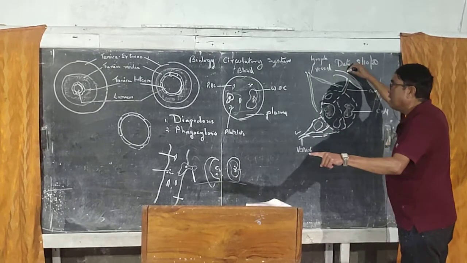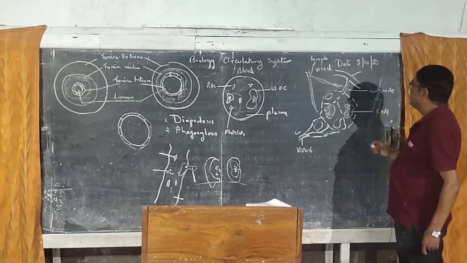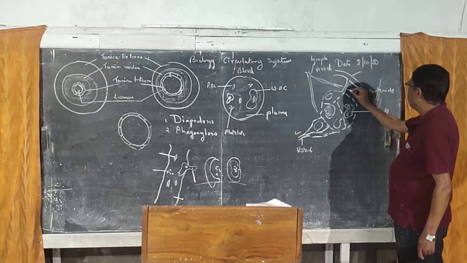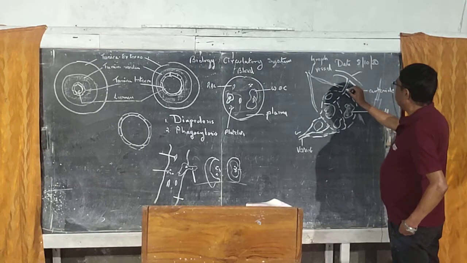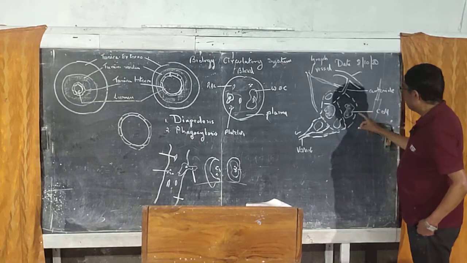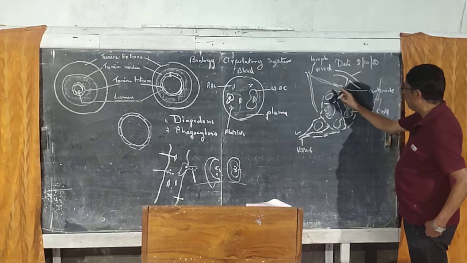The branches of the aorta are called arteries, and further branching of arteries into smaller ones are called arterioles. Further branching of arterioles are called capillaries. See, these dotted lines represent capillaries.